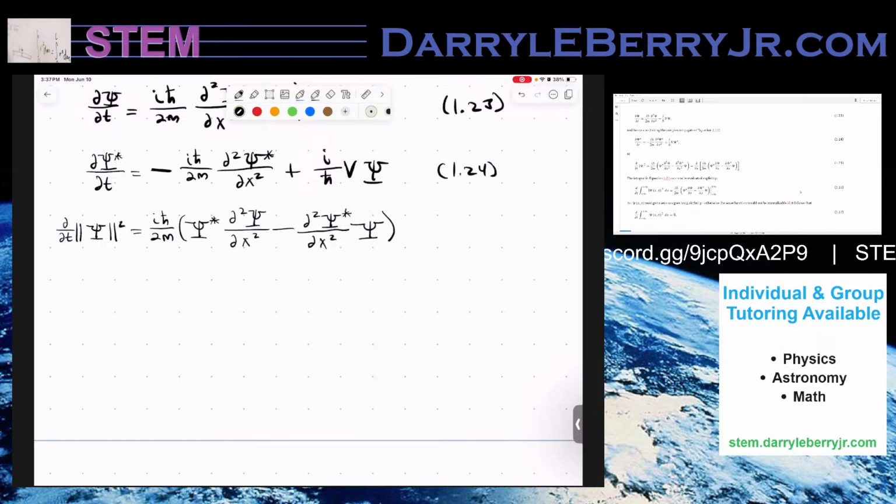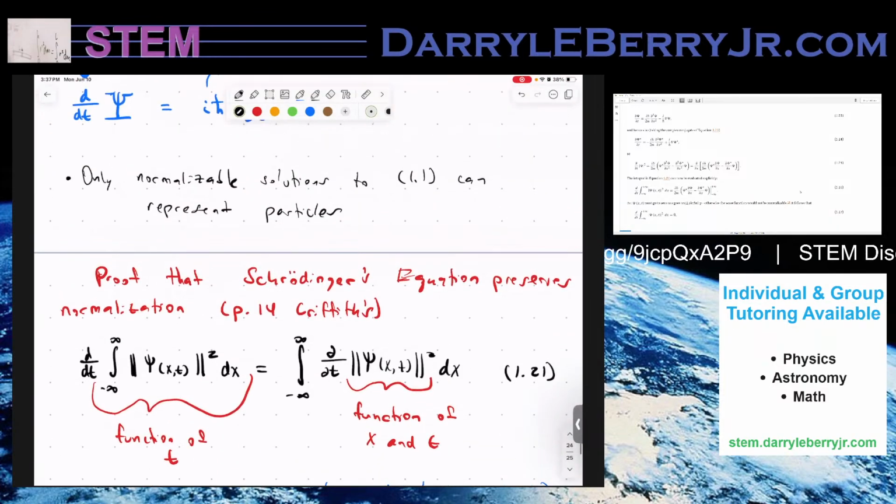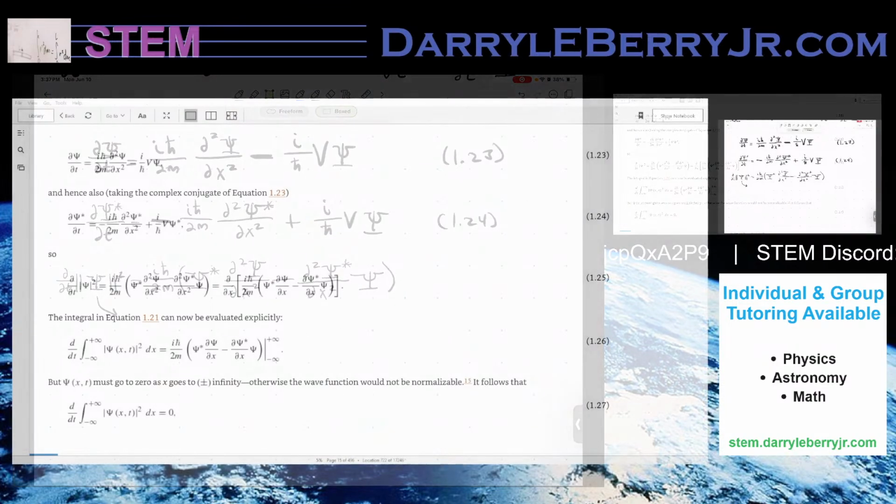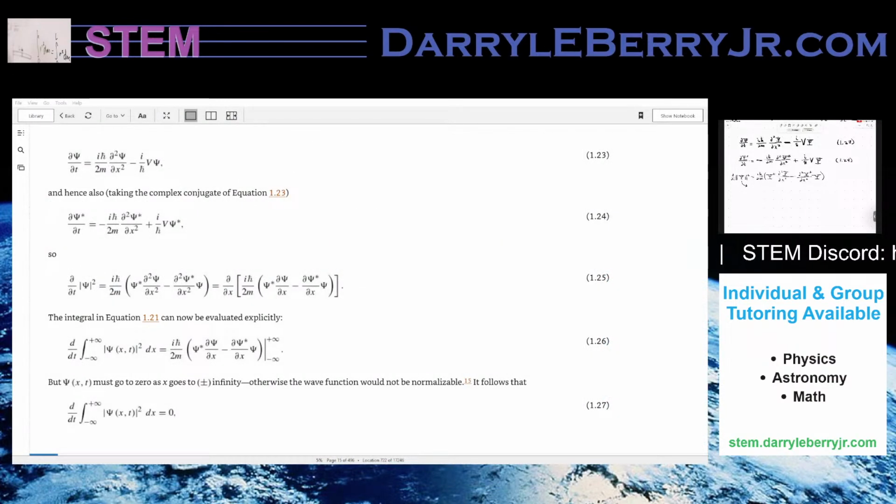Right. So we have the partial derivative of the magnitude of psi, and this basically is the same thing we had up here, the probability density. The book left off the x and t, which they do sometimes, just to clean up the writing.